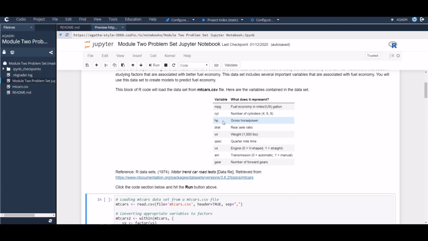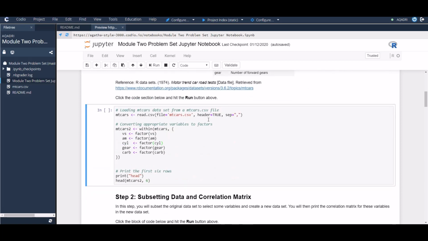And just like before, you'll notice that we have variables that are quantitative, and then there are some variables that are qualitative. In the first step, the code block that is included here loads the dataset from the CSV file and converts the appropriate variables to factors.